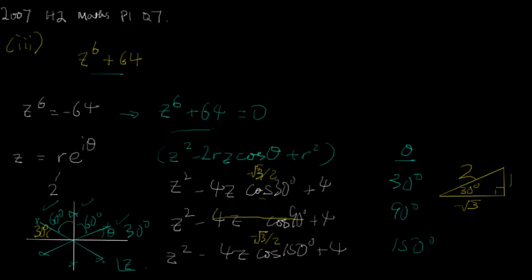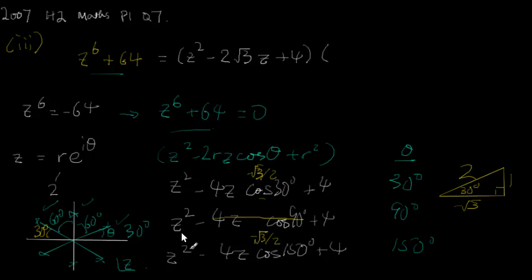Okay, so I think we finally have all we need to write out the three factors. The first one would be z squared minus 4, and I have over 2 there, so they will cancel to give 2 root 3 z plus 4.